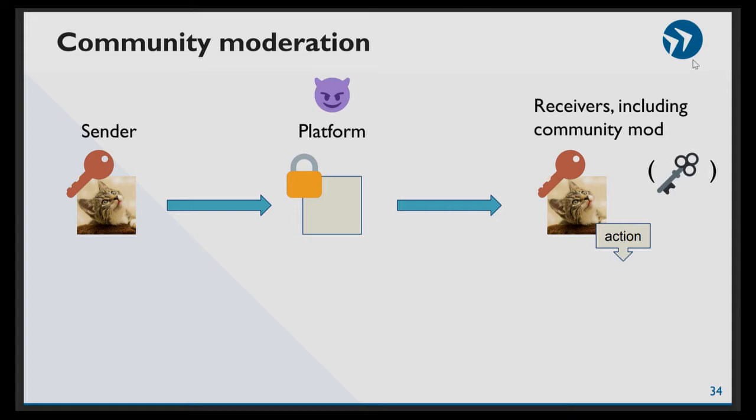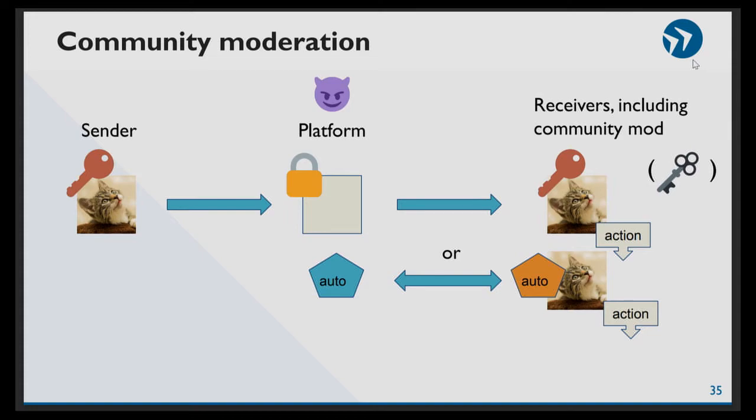So maybe we're okay giving them an extra key. They may use some kind of automated tools in addition to just manually reviewing everything. So it's pretty common for Reddit or Discord moderators to use things that will automatically stop large volumes of content being posted, so spam, or just people using slurs or things like that.